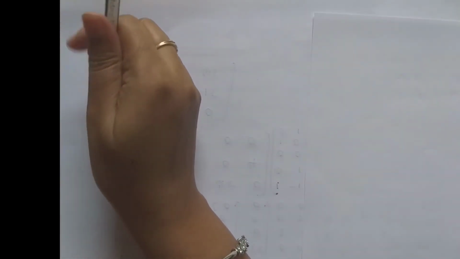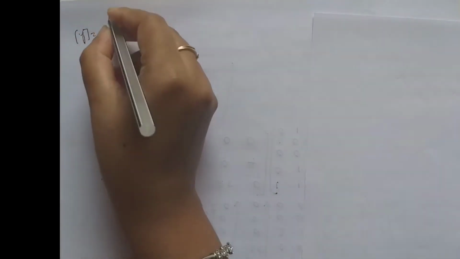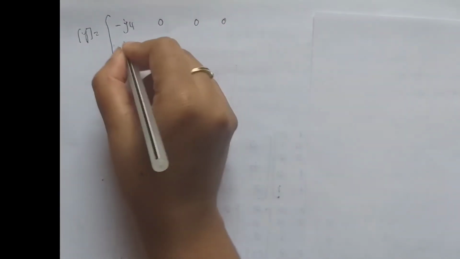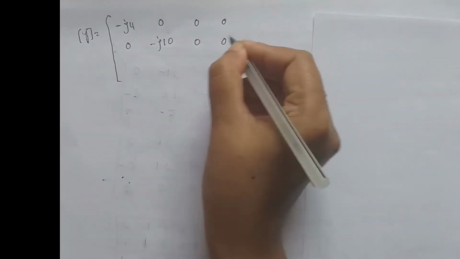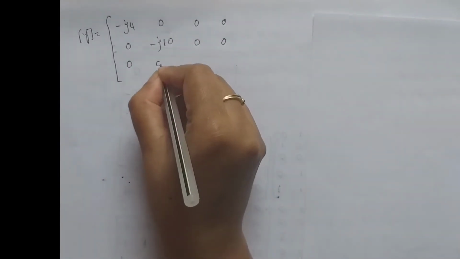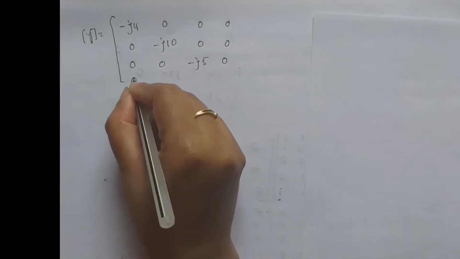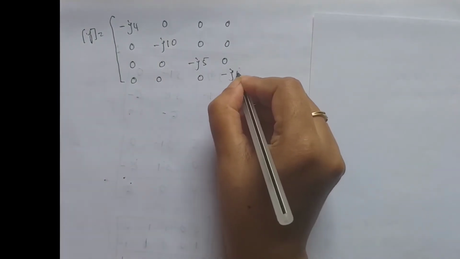Here matrix Y is the self admittance matrix, which is minus j4, 0, 0, 0; 0, minus j10, 0, 0; 0, 0, minus j5, 0; 0, 0, 0, minus j2.